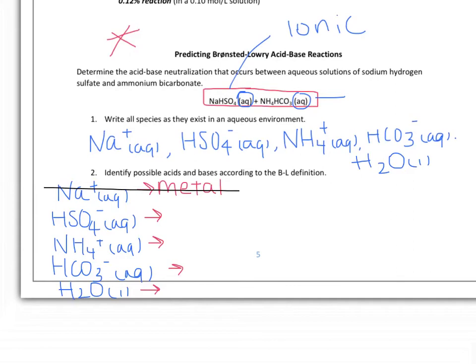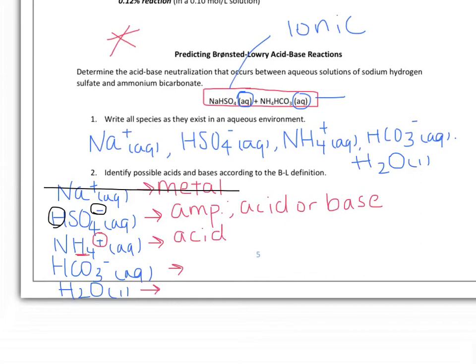HSO4-. Notice that this has a hydrogen in the front and an overall negative charge, which are the two things that we need in order for something to be amphoteric, meaning this can be an acid or a base. Then we have NH4+. Notice that this has an overall positive charge as well as multiple hydrogens, meaning that this can act as an acid.